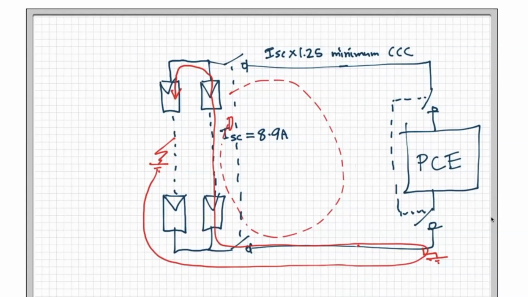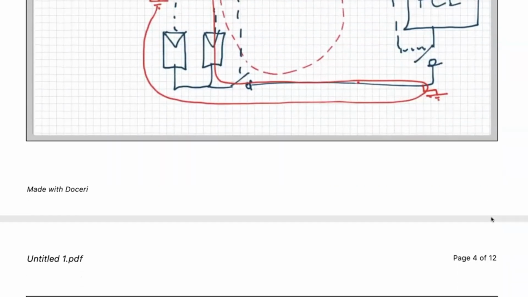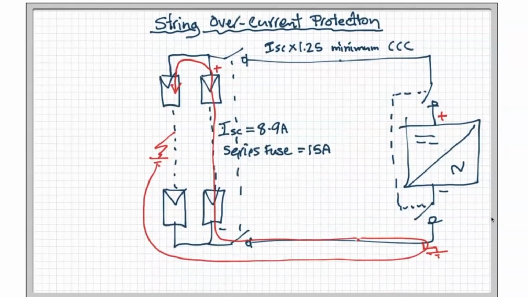So in this example, the 8.9 amps that's coming out of the healthy string, the non-faulty string, is flowing into the faulty string. And because the faulty string can carry its own current normally, it's not going to cause any damage to it. So we check the data sheet, and it says on the data sheet that as long as you protect the module with up to a 15 amp overcurrent protection device, so a maximum of 15 amp overcurrent protection device, no thermal damage will occur.